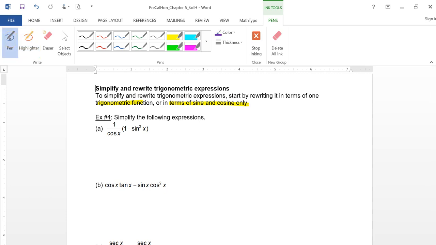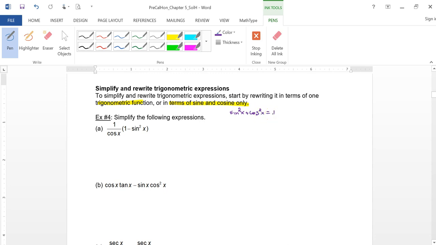All right, for the first one, you have 1 over cosine and then 1 minus sine squared. As a hint, whenever you have a 1 and then plus or minus something squared, you always want to go to your Pythagorean identities. The Pythagorean identities say sine squared x plus cosine squared x equals 1.